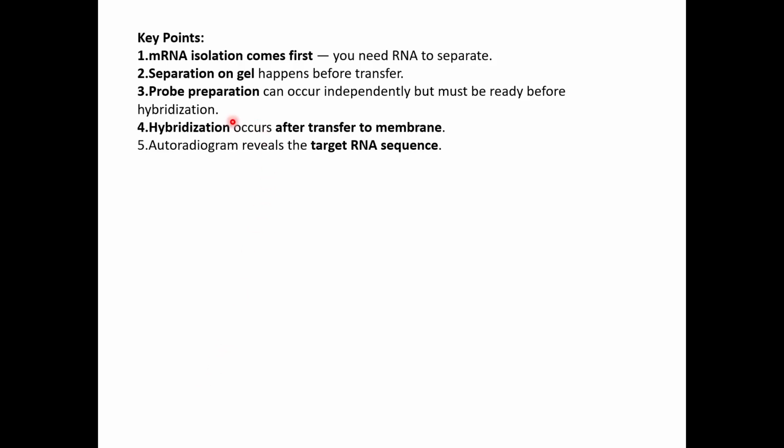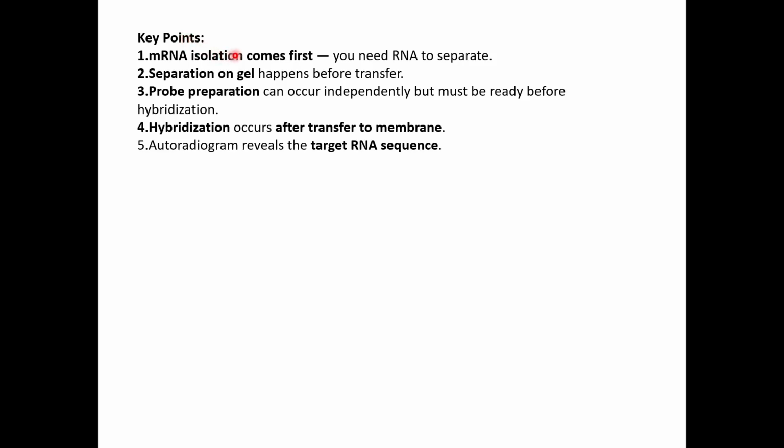The main points to remember: mRNA isolation comes first. Separation on the gel happens before the transfer. Probe preparation can be done at any time, but it must be ready before your hybridization step. The hybridization step occurs after the transfer to the membrane, and then the autoradiogram reveals the target sequence.